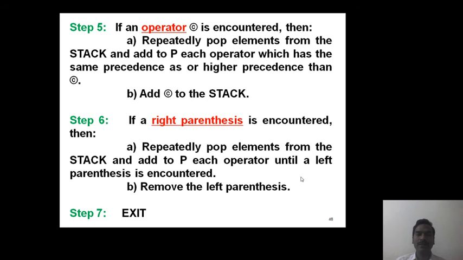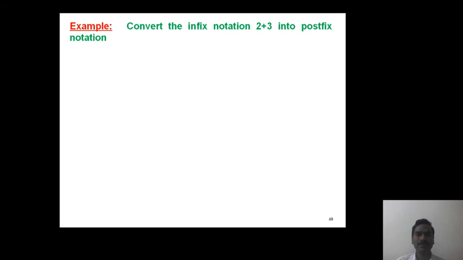Now we apply this process on one particular example. Let us take an example. Convert the given infix notation 2 plus 3 into postfix notation. Now observe this solution step by step. Given infix notation Q equivalent to 2 plus 3.